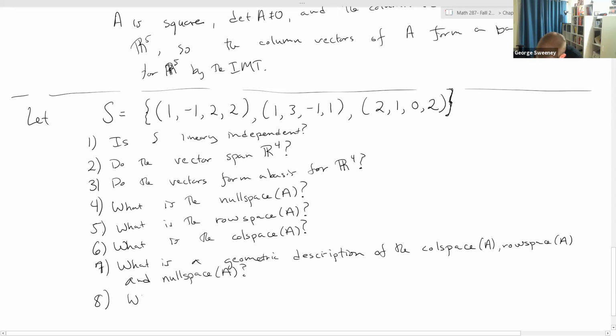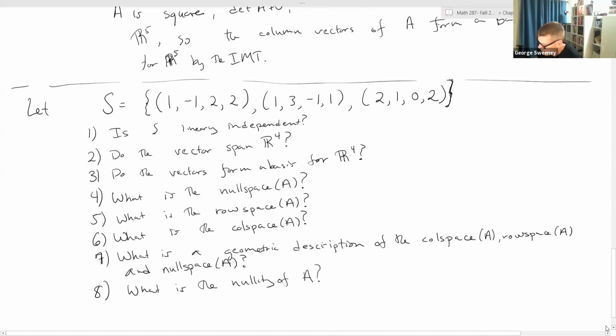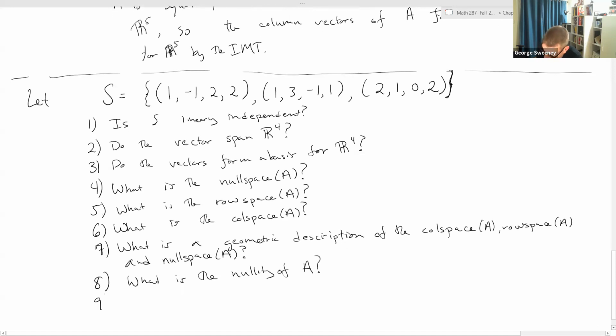Eight, what is the nullity of A? And nine, use rank-nullity, or confirm rank-nullity using it.